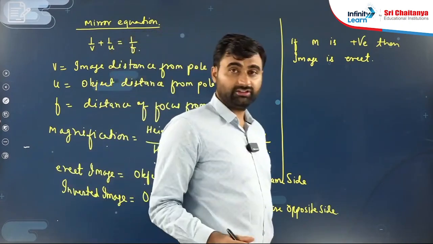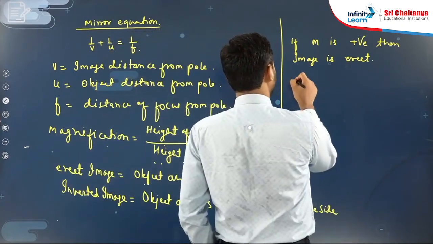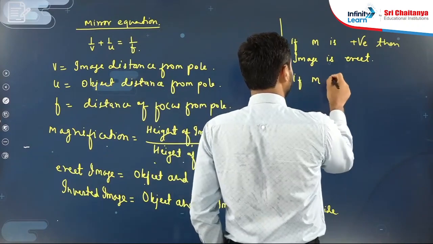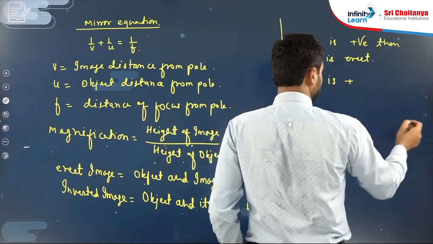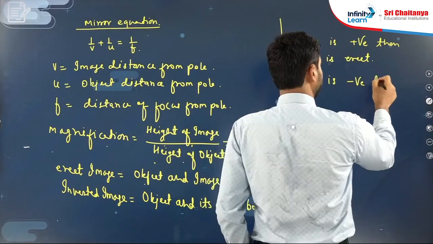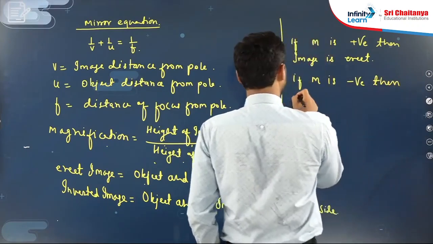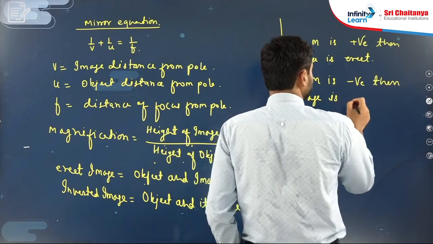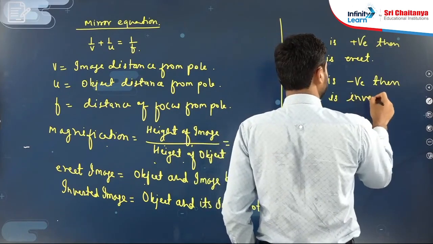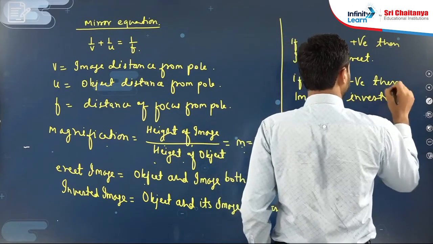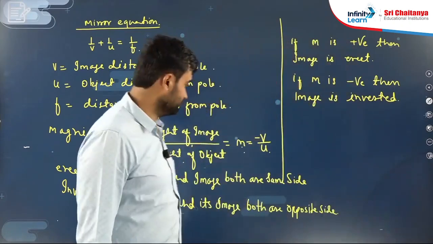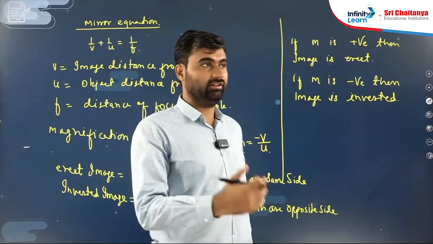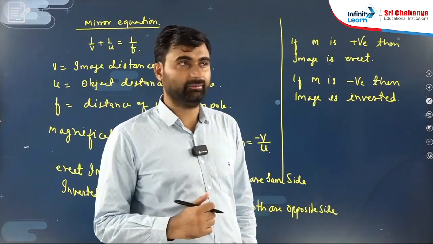So here we can write that if M is negative, then the image is inverted. Clear? So we understood about erect image and inverted image.